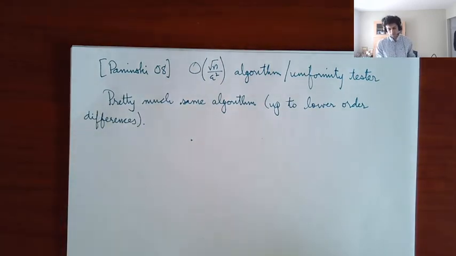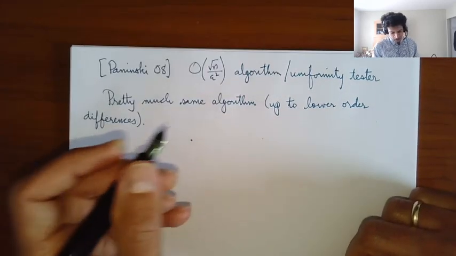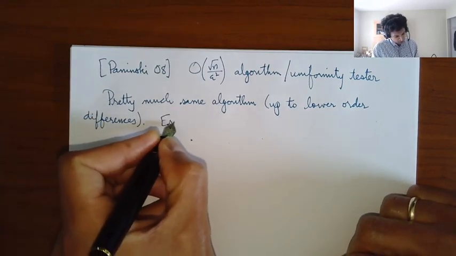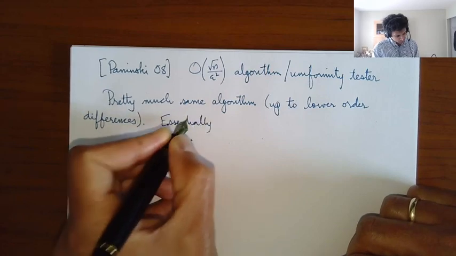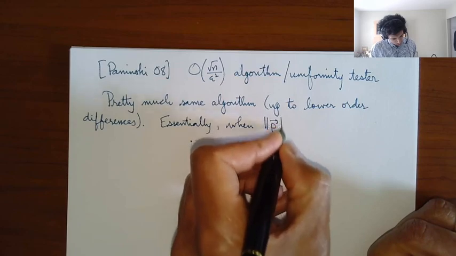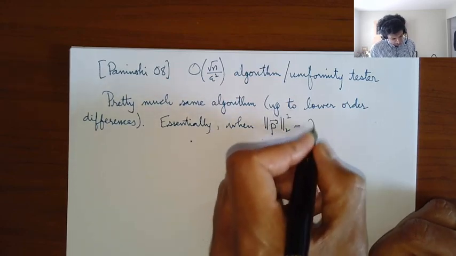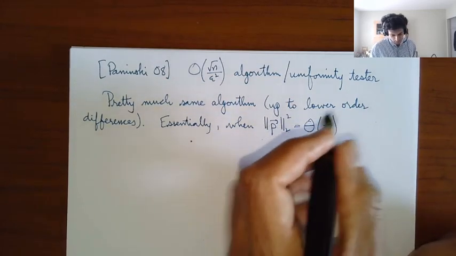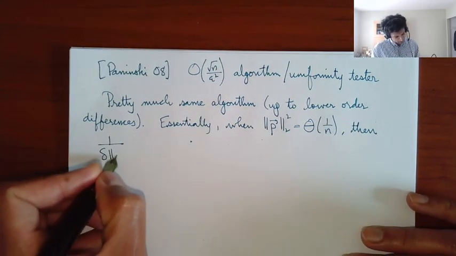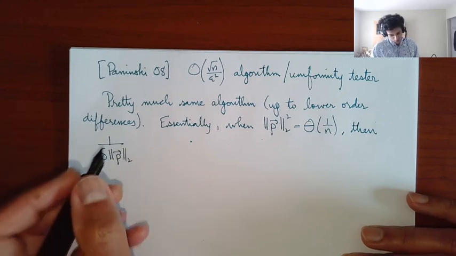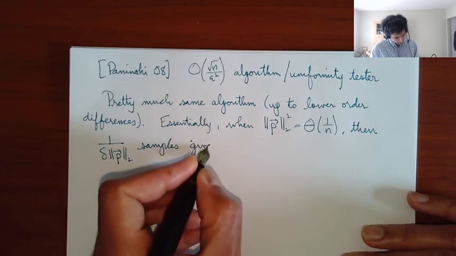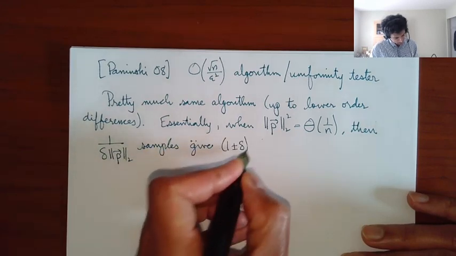One way that I like to view what Paninski proves is that when the 2 norm squared is theta of 1 over n, then 1 over delta times the 2 norm samples give a 1 plus minus delta approximation.